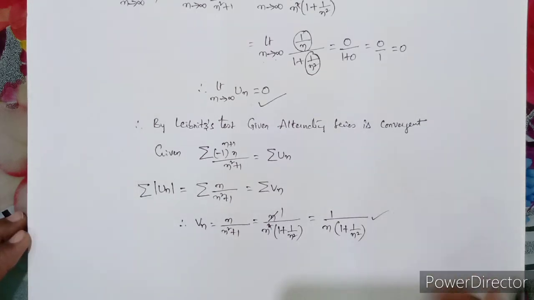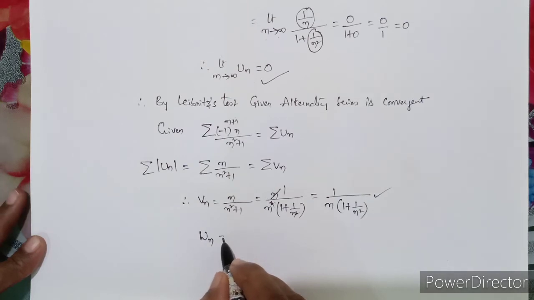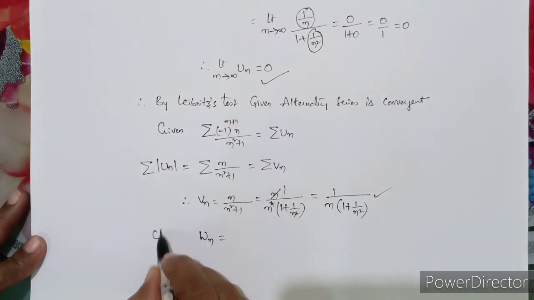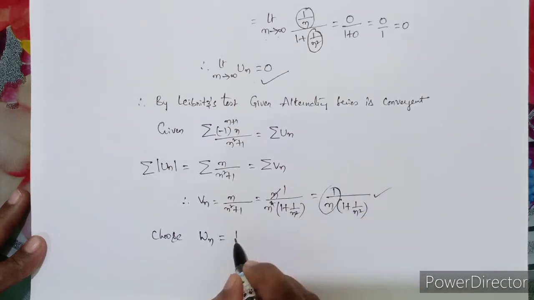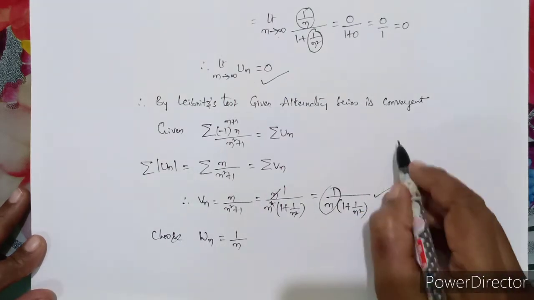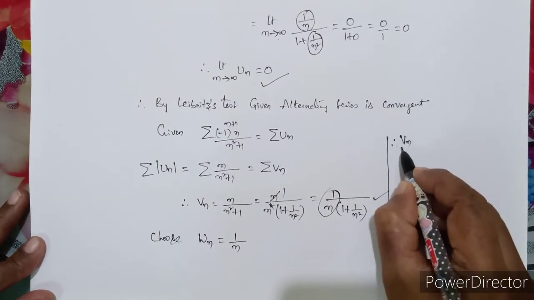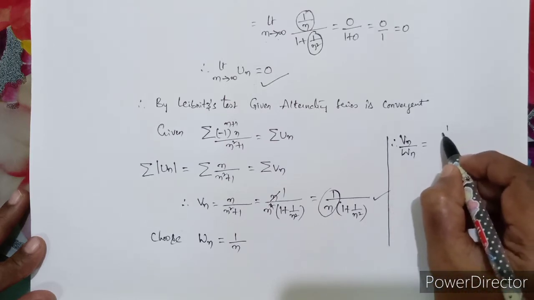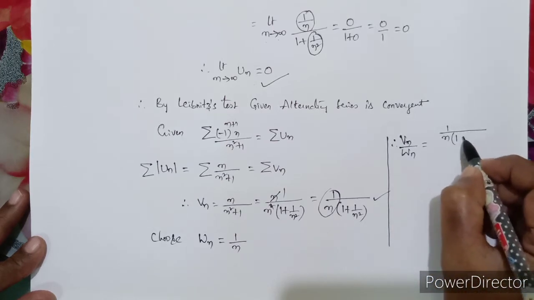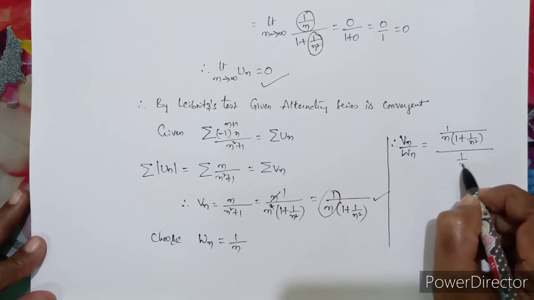Therefore, this is vn. Now we choose another nth term, wn. We choose wn as 1 by n. Now, by dividing vn by wn, it is equal to 1 by n into 1 plus 1 by n square, by 1 by n.